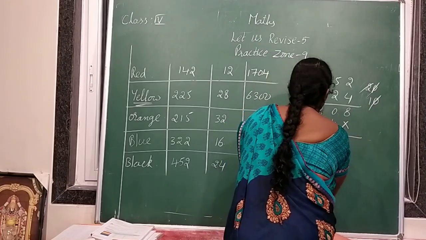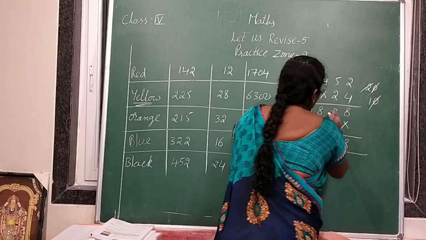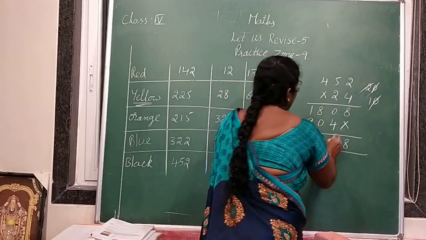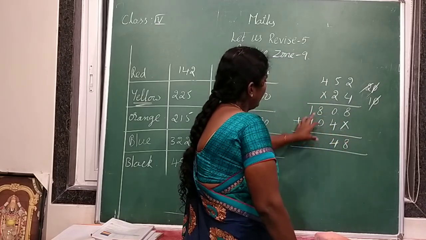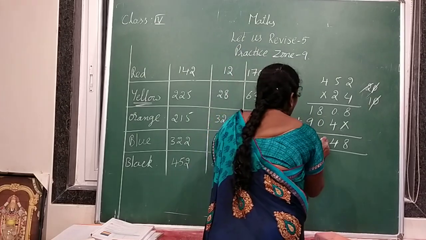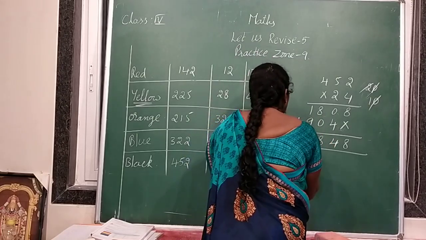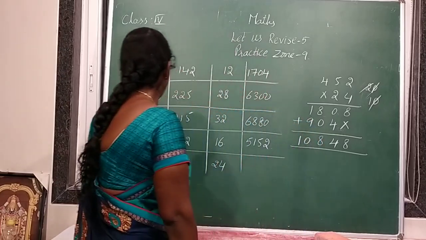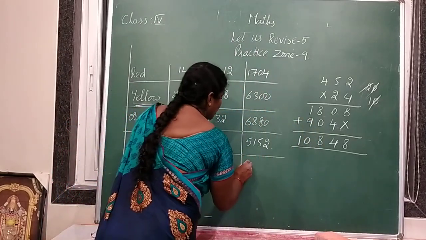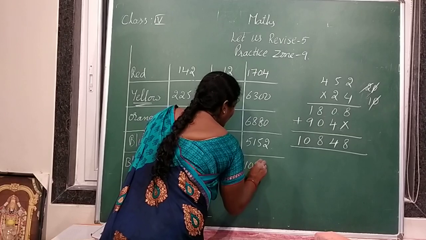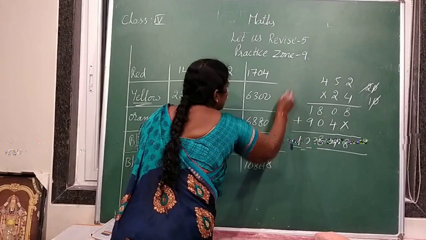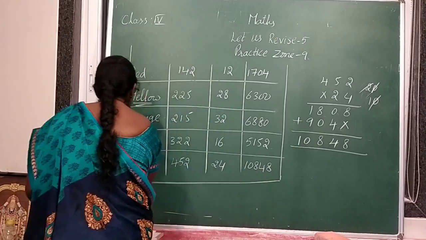Now do the addition. 8, 4 plus 0 is 4, 8 plus 0 is 8, 9 plus 1 is 10. So how many pencils are there in black color boxes? 10,848 pencils are there. Understood, children?